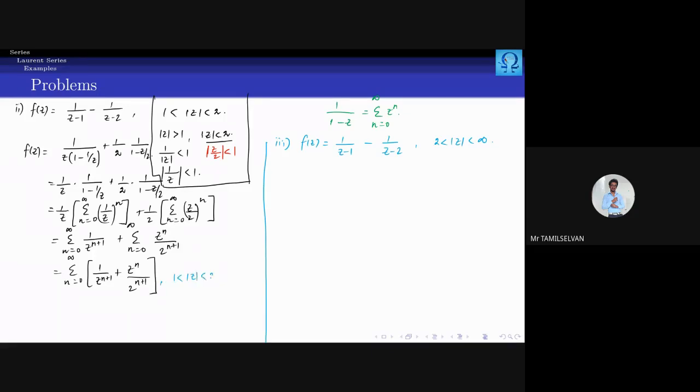Any idea? I think you can try one way, and the other one I will tell you how to do. Just compare things in the third subdivision and in the second subdivision. You will get some idea.